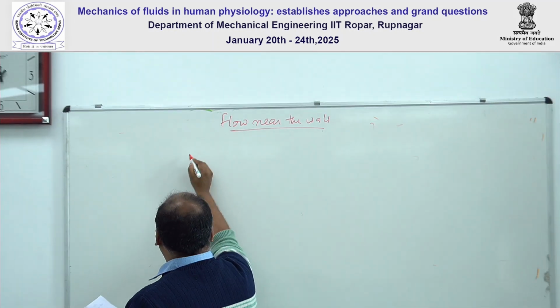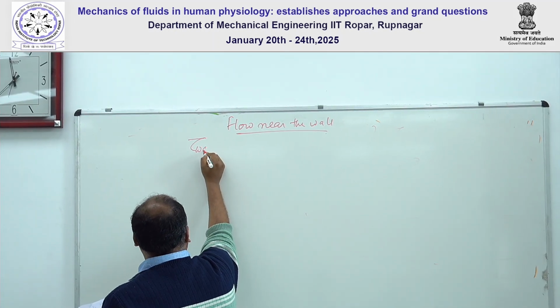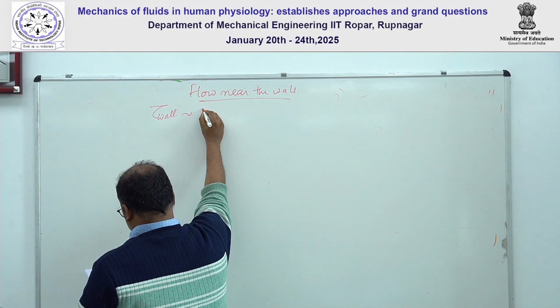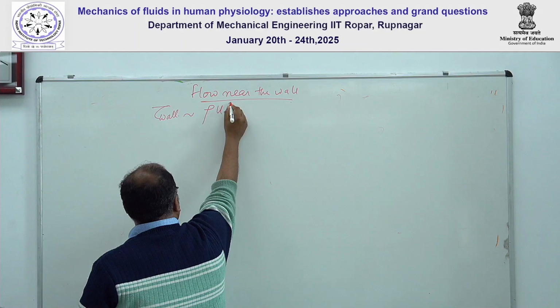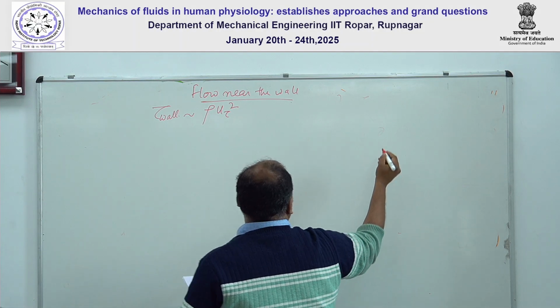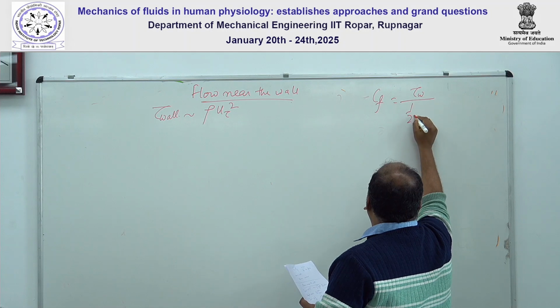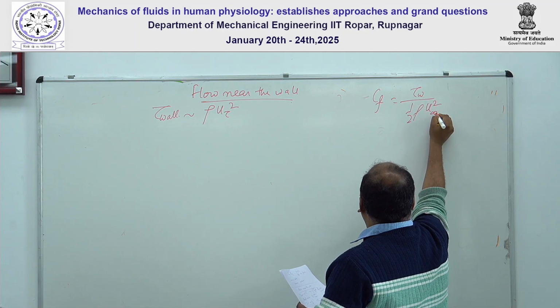Before that, let's denote the wall shear with something called friction velocity. Normally, when we define the coefficient of friction, we write tau w by half rho u infinity square.